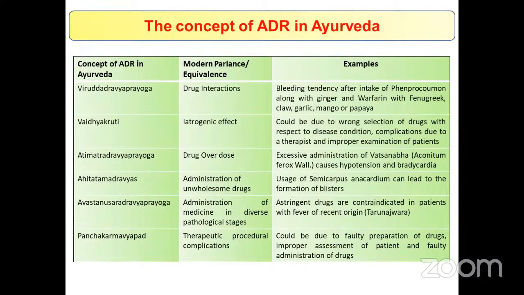That is, complications due to a therapist and improper examination of the patient, improper diagnosis or improper administration of the drug. Ati matra dravya prayoga, overdose, drug overdose: excessive administration of Aconitum ferox causes hypotension and bradycardia. Similarly, Panchakarma vibhrama, like therapeutic procedural complications, could be due to faulty preparation of the drug.